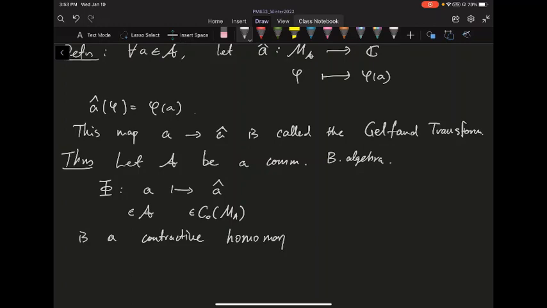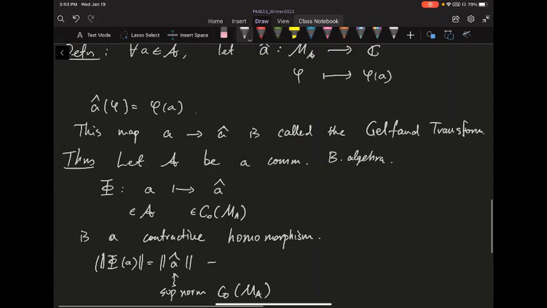Contractive is essentially just saying that phi of a, which is equal to a hat, has norm, basically the sup norm on C0 of the maximal ideal space, less than or equal to the original norm of a.